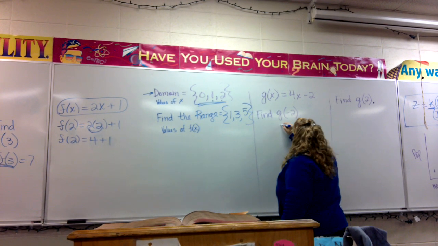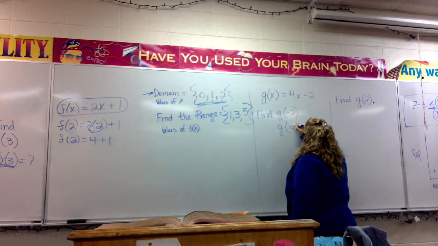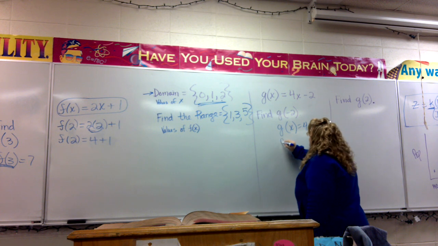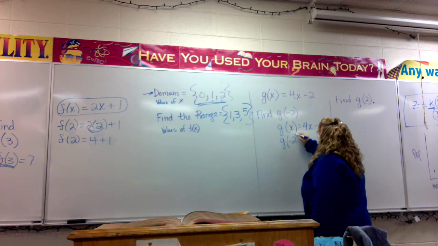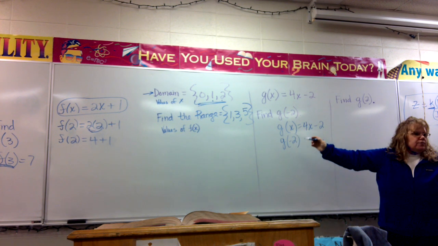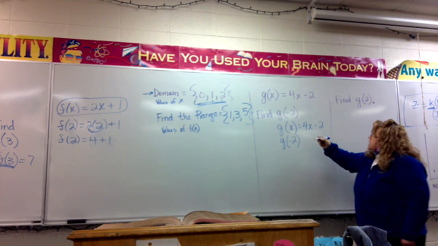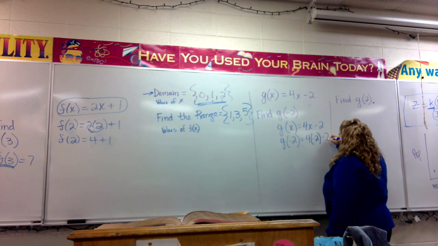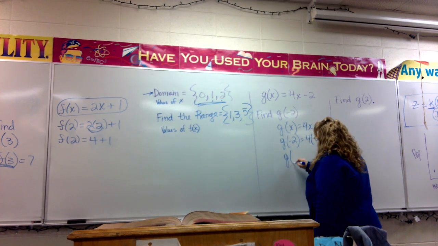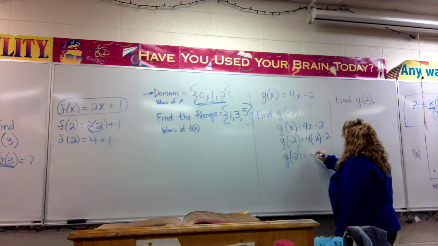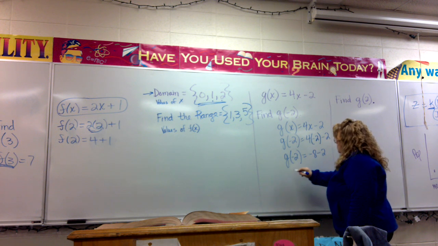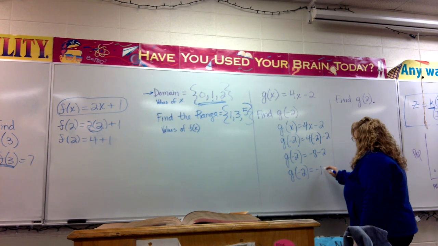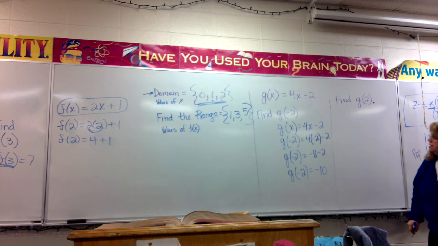If I ask you to find g of -2, wherever you see an x, you're going to replace it with -2. So what does that give us? -8 minus 2? Is that right? Mm-hmm. -10? So g of -2 is -10.